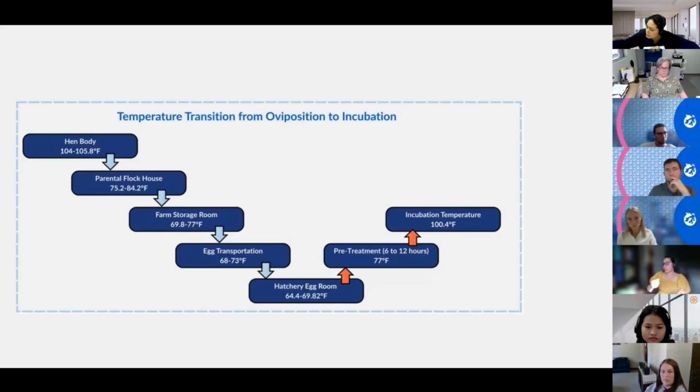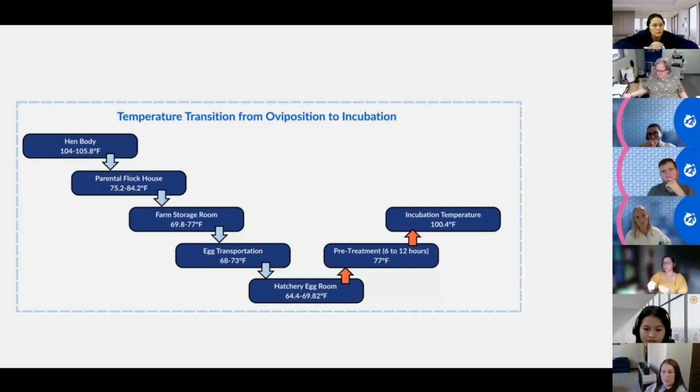This is the same graphic that I already showed, from the hen up to the hatchery room. Now, from the hatchery room to the incubator, we need to start increasing the temperature.